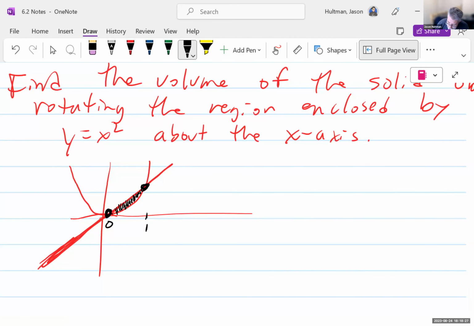And if I were to revolve this about the x-axis, let me do a mirror image, as close to a mirror image as I can get. And down there, we get that as our other area.